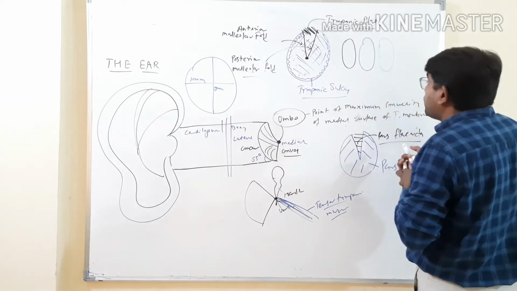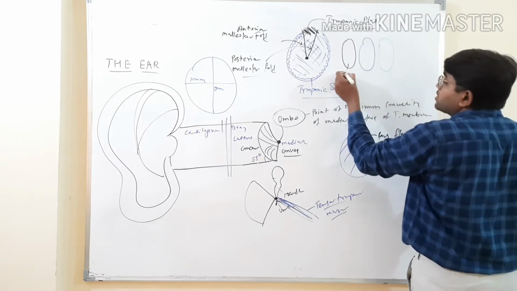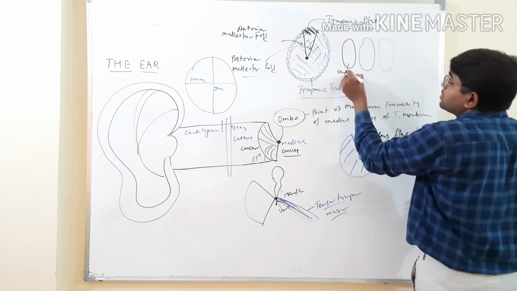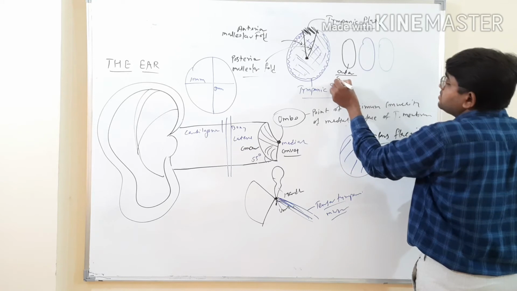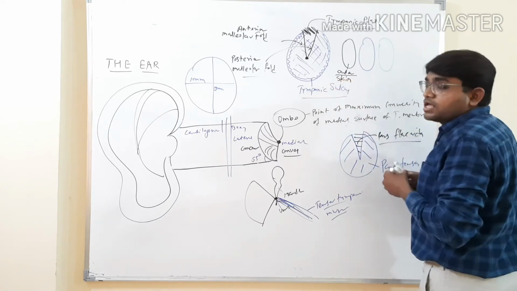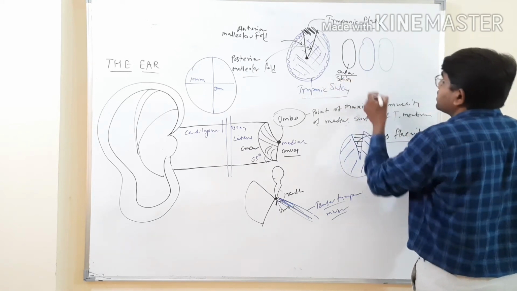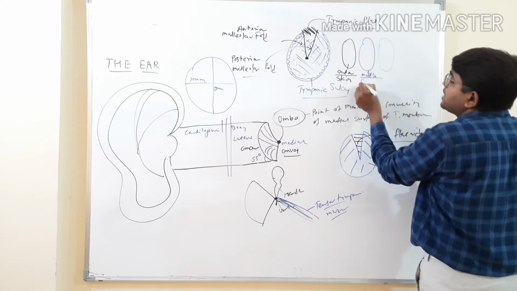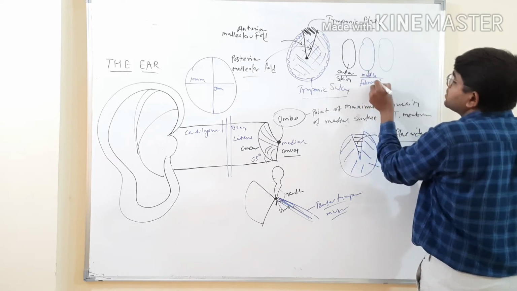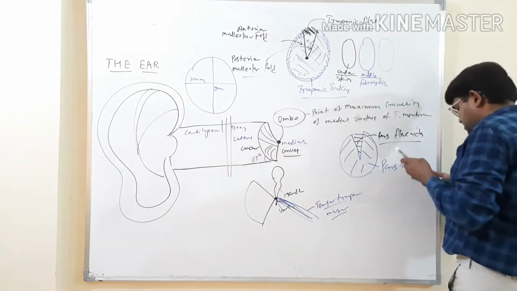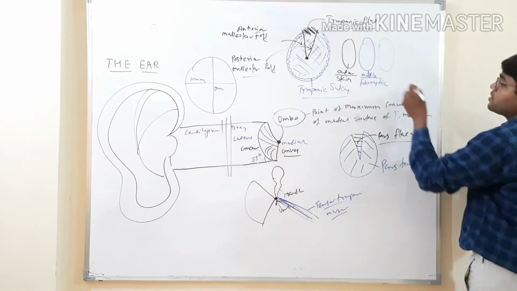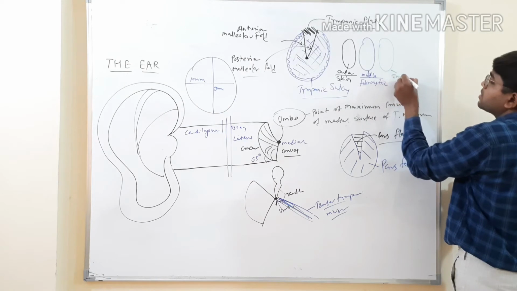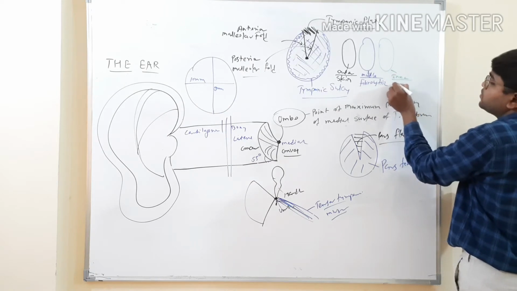Its outer layer is lined by the skin. Its middle layer is formed by fibrous tissue, and its innermost layer is lined by the mucous membrane.